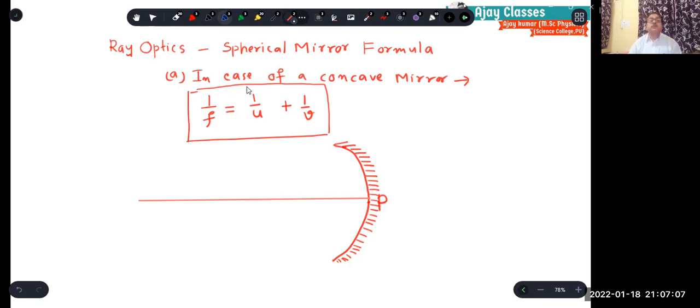We will write for the point, one point for focus, another point for center of curvature, which is visible, and we put the object just beyond C.